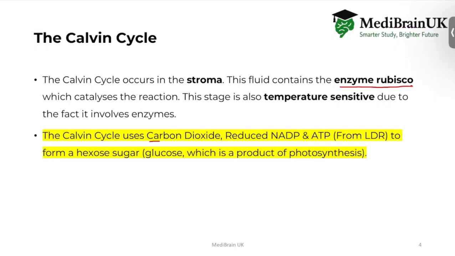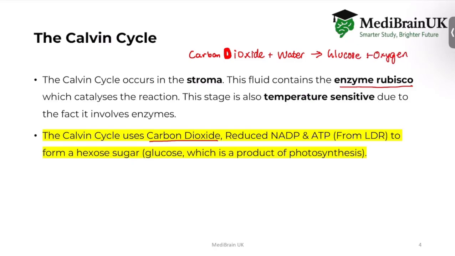You've got carbon dioxide. Now, remember when we looked at the reaction of photosynthesis, we know that carbon dioxide is reacting with water, and it's forming your glucose and your oxygen.